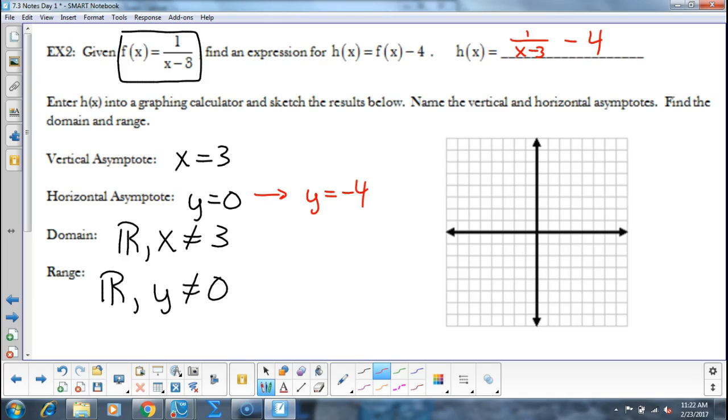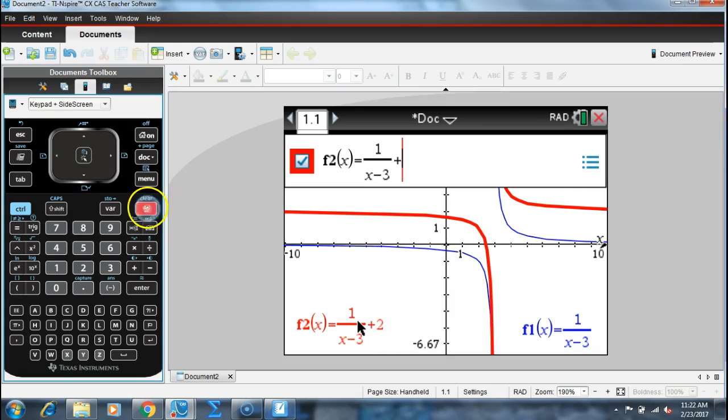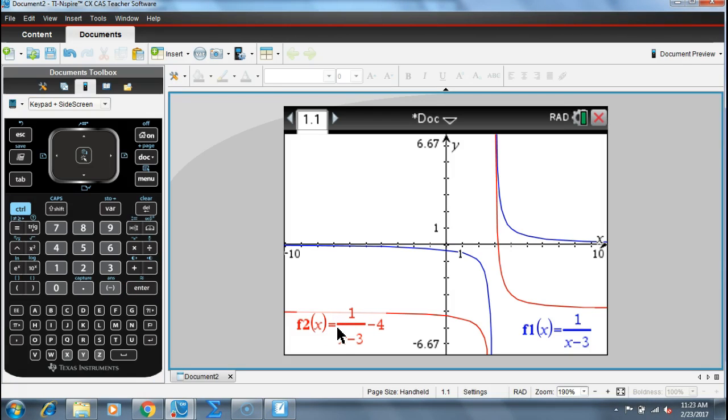All real numbers, y does not equal -4. Let's see what happens then here now. So I want to go into that one, and I want to go minus 4, enter, okay.